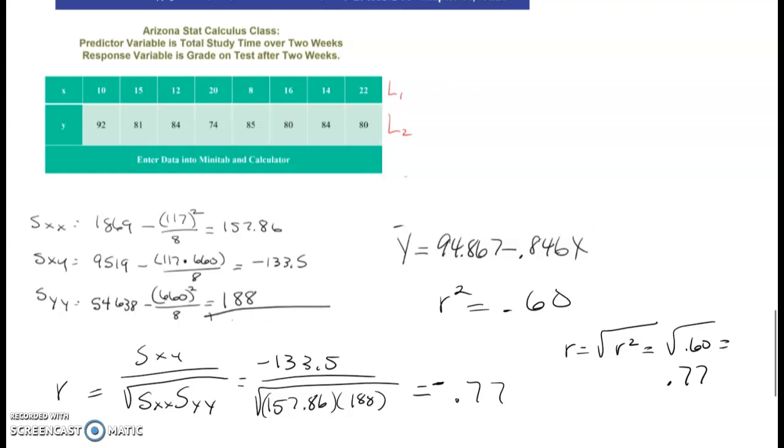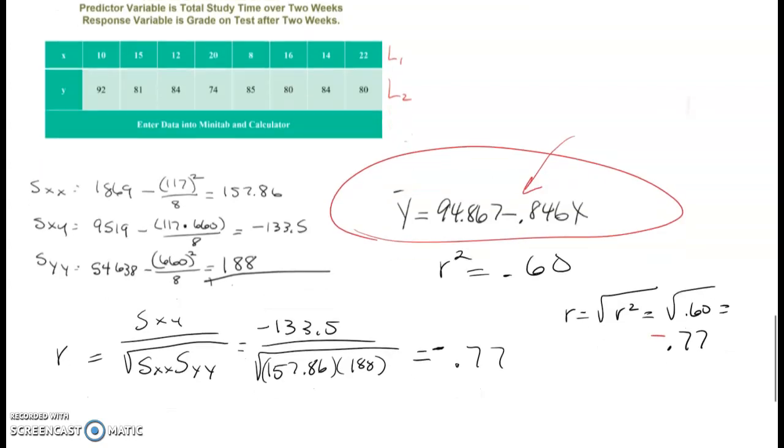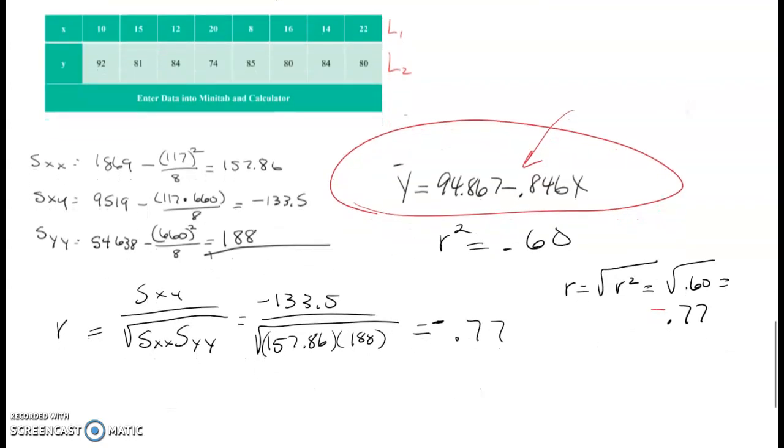If you do it this way, you risk not knowing if it's negative or positive unless you take the time to review your equation. Remember what I said, if you have a negative slope, you have to have a negative correlation. So we do get a correlation coefficient of negative 0.77.